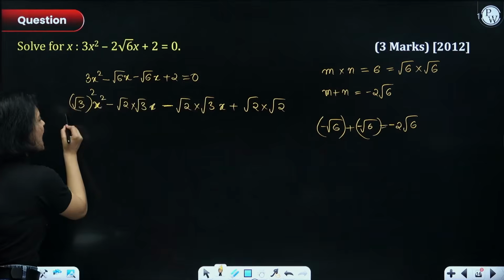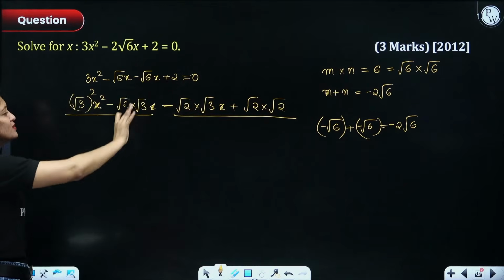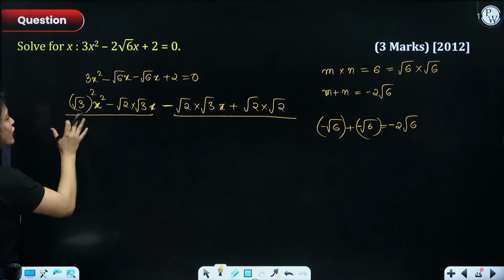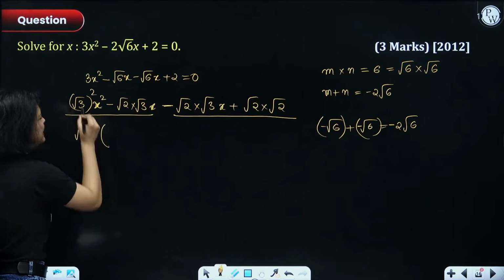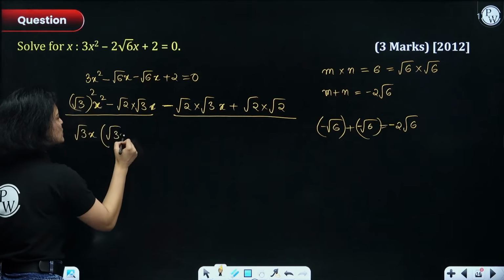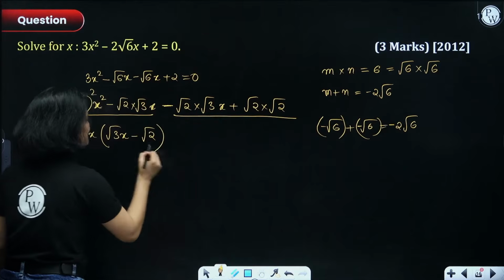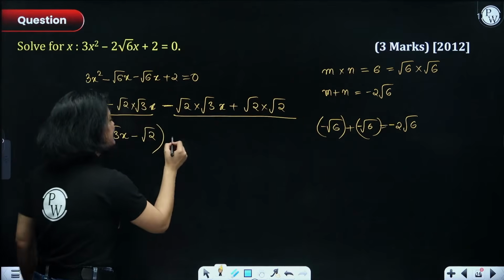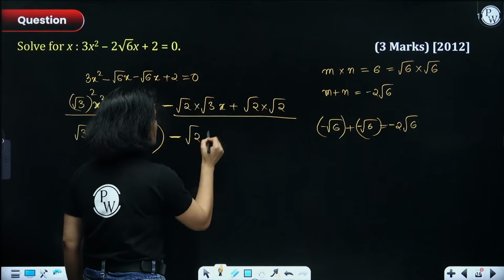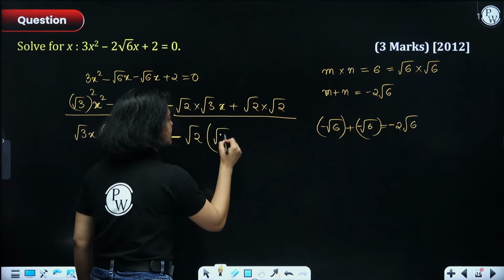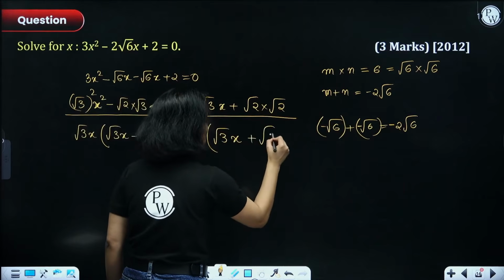Now, I think you can easily see what is common in the first two terms and in the last two terms. Because in the first two terms, clearly root 3x is common, right? So here only root 3x will remain, and here only negative of root 2 will remain. Here again I'll take the negative sign as common and root 2 also as common. So here root 3x will remain, and here root 2 will remain.